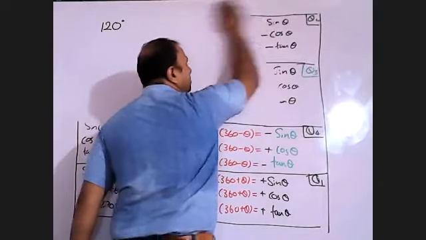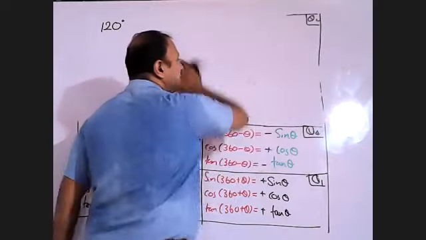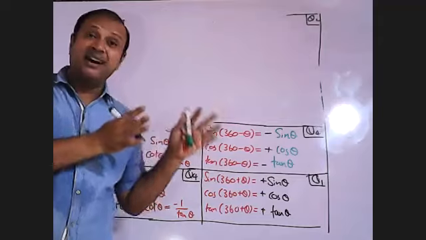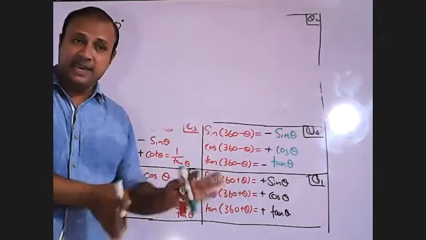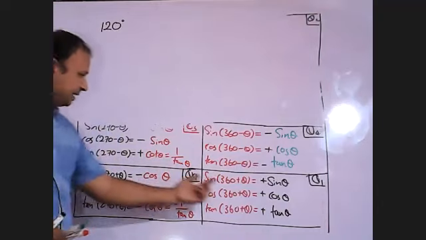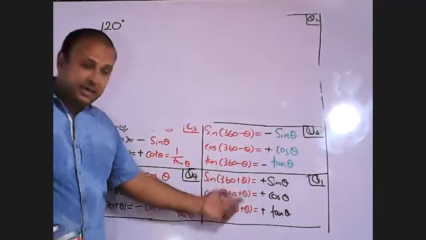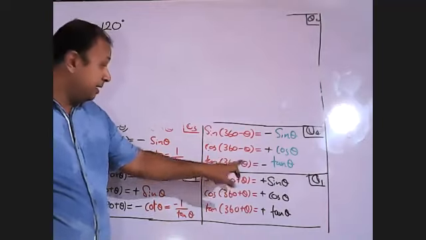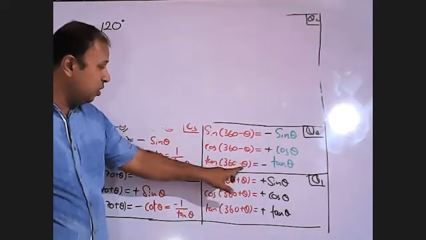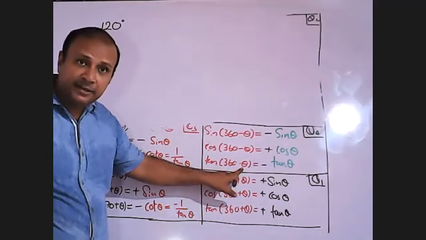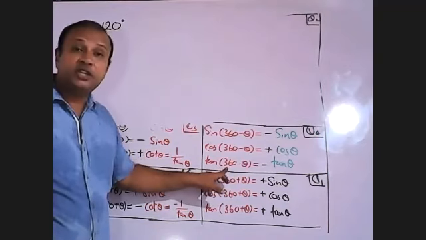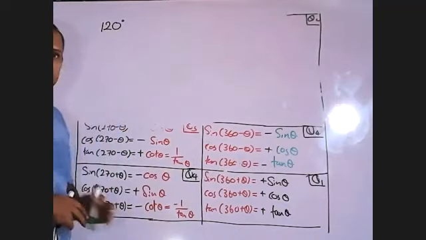The first thing you have to do is write this angle as something like this. That means an addition or subtraction of an acute angle with an integral multiplication of 90.